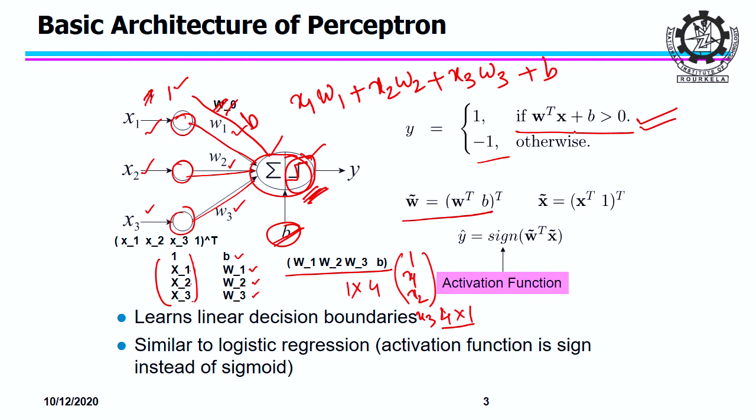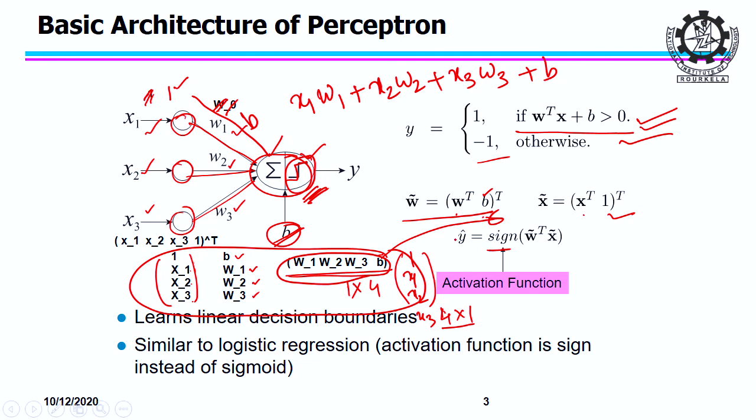We added B, and whatever value of x t we got is here. The sign function makes the value either 1 or minus 1. If the value after this operation is greater than or equal to 0, then it will be plus 1, otherwise it will be minus 1.